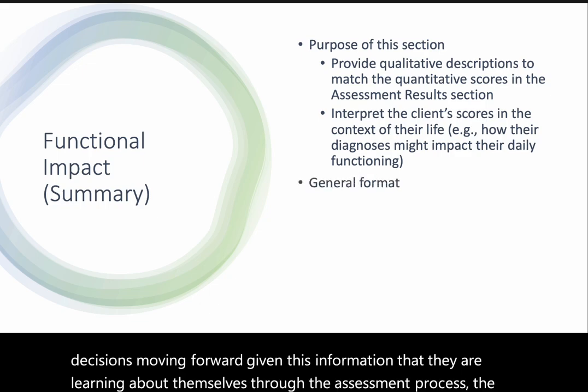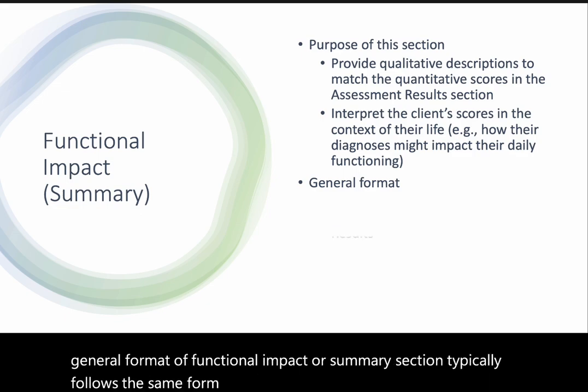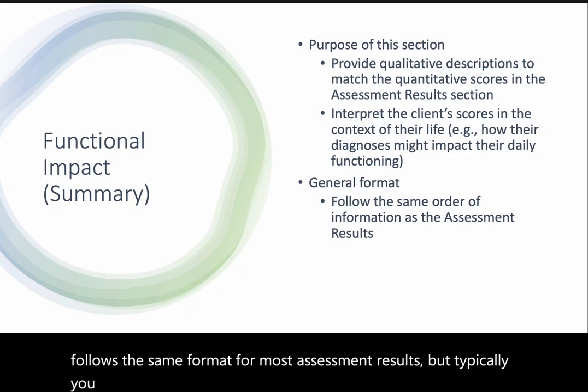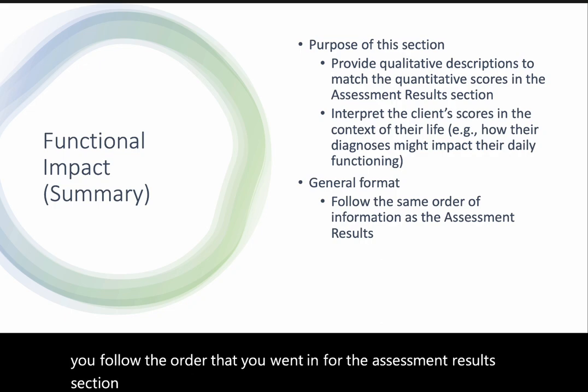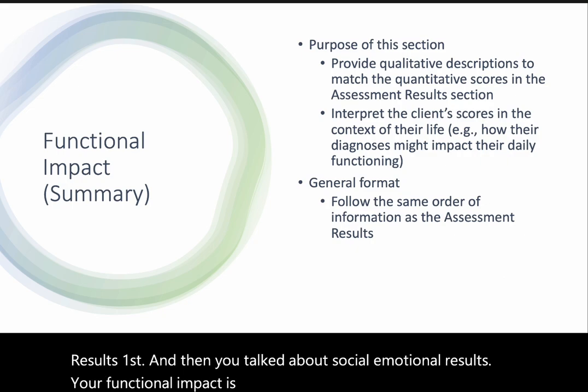The general format of a functional impact or summary section typically follows the order that you went in for the assessment results section. So if you talked about substance use assessment results first, and then social-emotional results, your functional impact is going to follow a similar format.